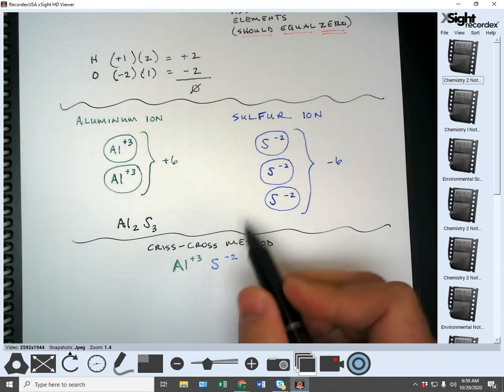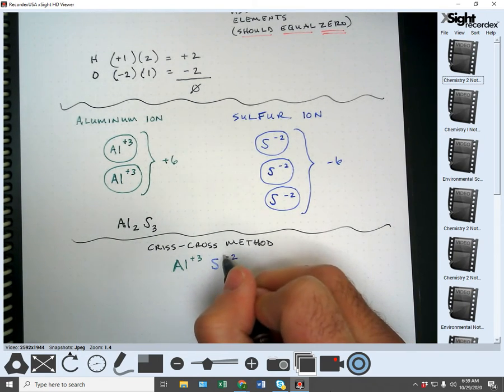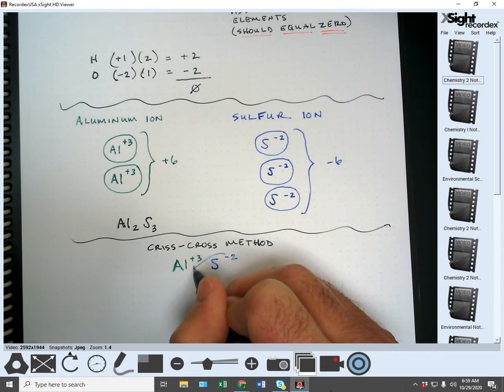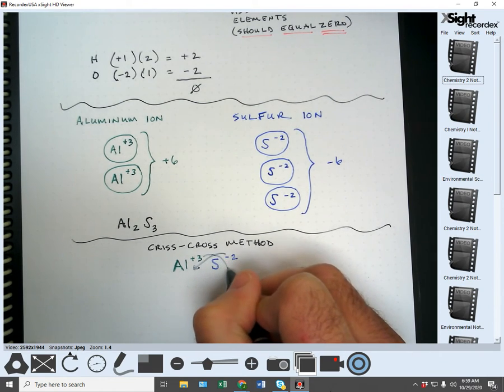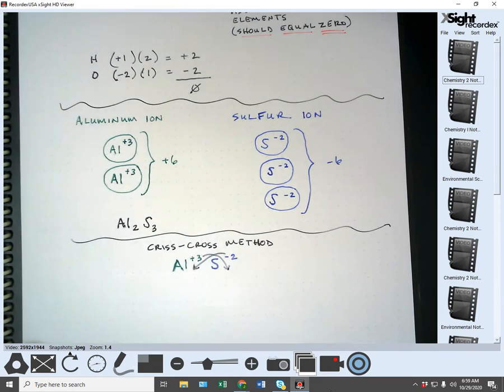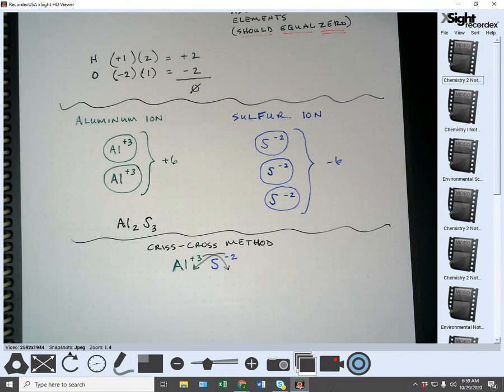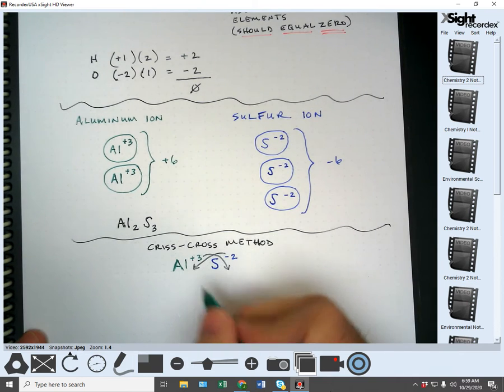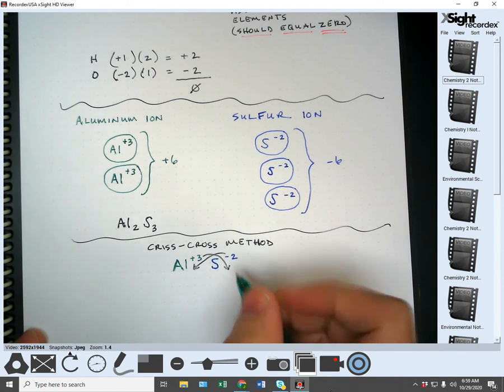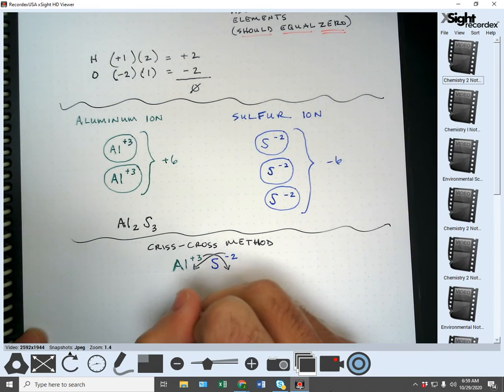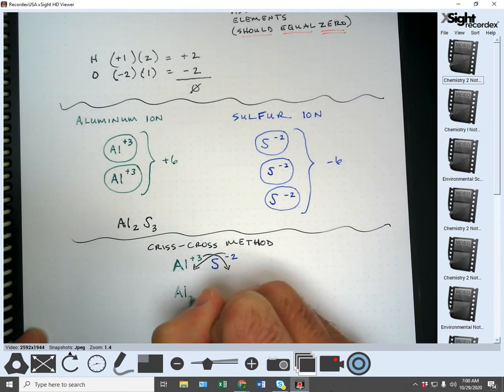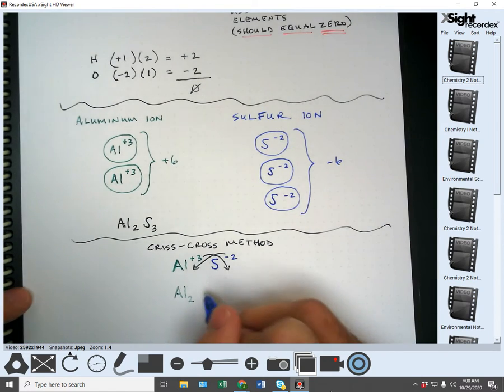Then what we do is we cross the charges down and turn them into numbers of atoms. Okay. Now it's important to note. Well, let me do it first, and then I'll explain. So you cross down, so it becomes Al subscript 2 S3.